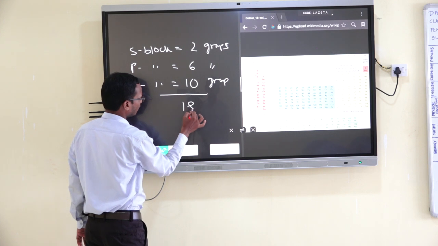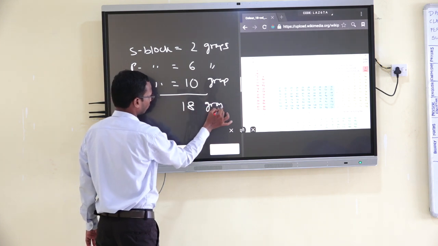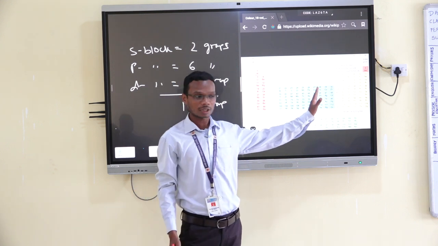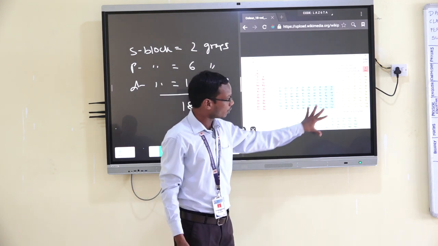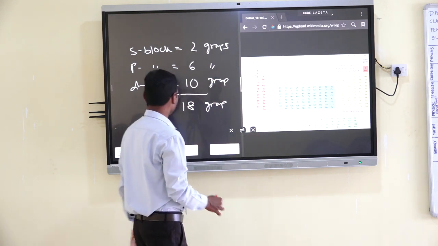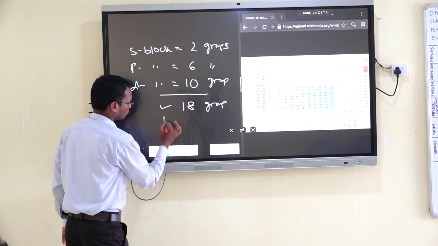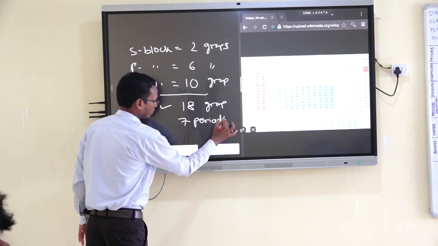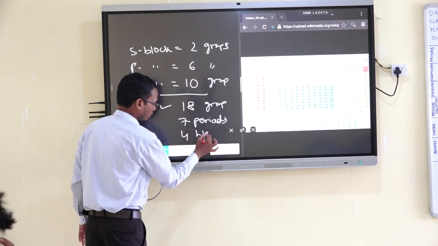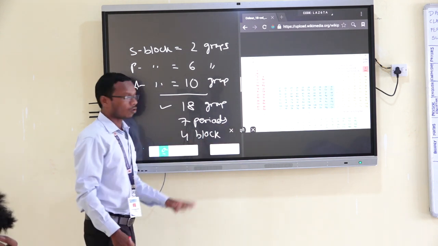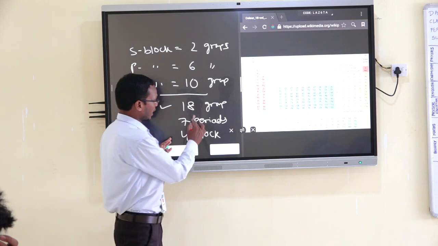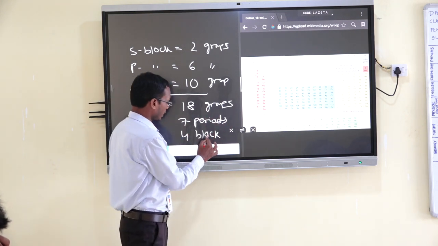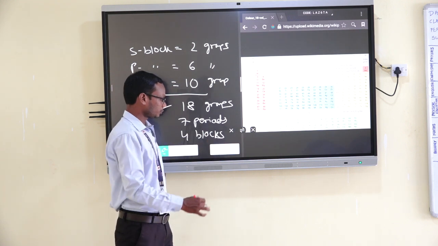Total 18 groups. Our periodic table consists of 18 groups, 7 periods and 4 blocks. Remember this.